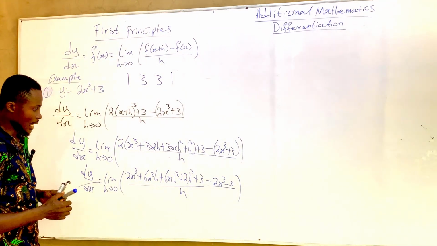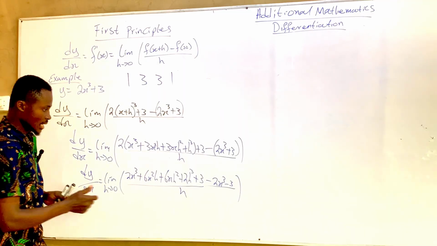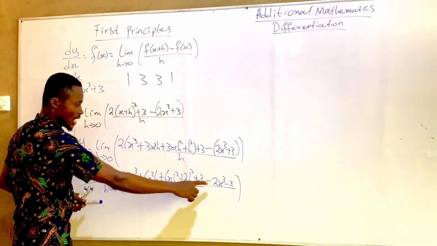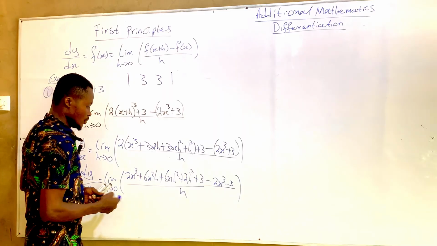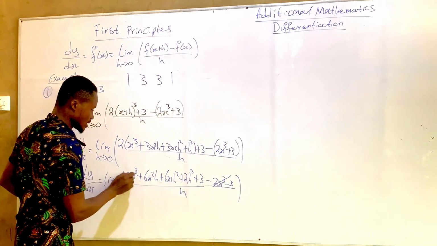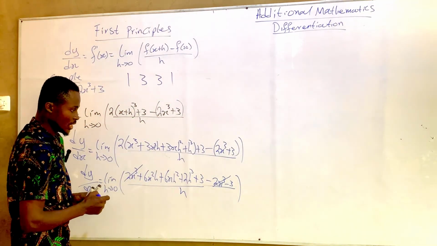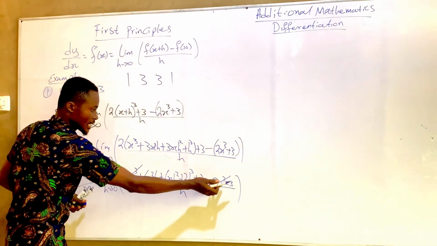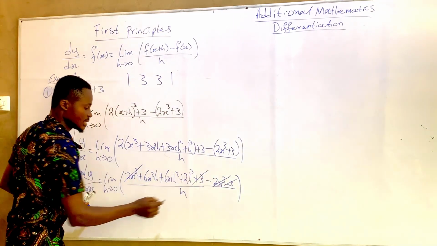Now, looking at things, we can see that we have 2x cubed here and another minus 2x cubed there, which are like terms, so these will cancel. Then we have plus 3 and another minus 3, so this will cancel that.